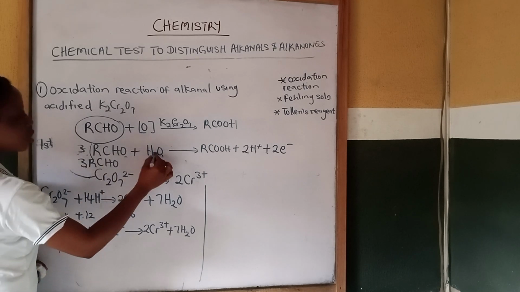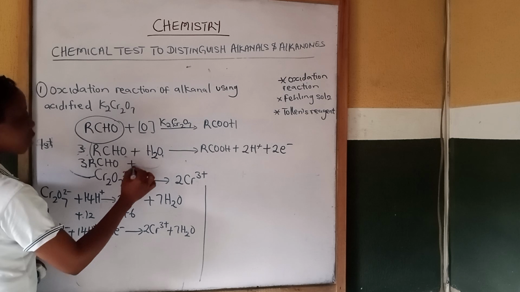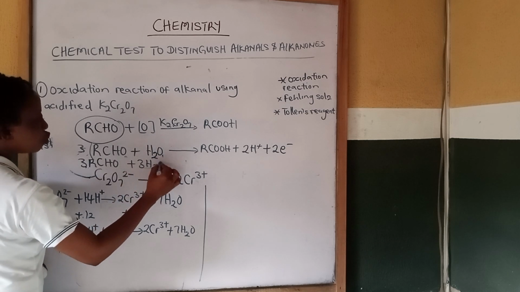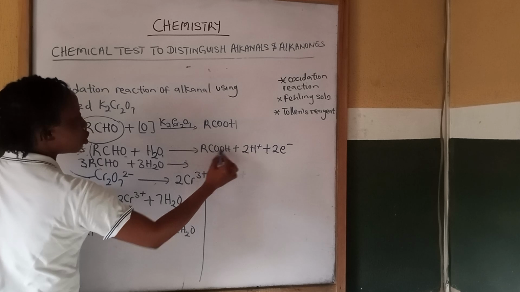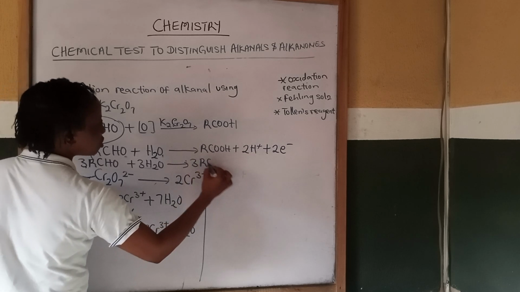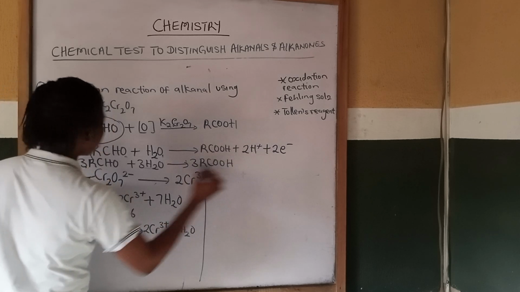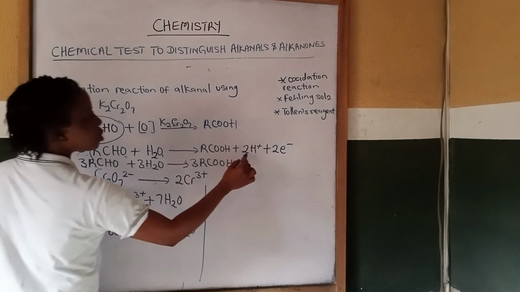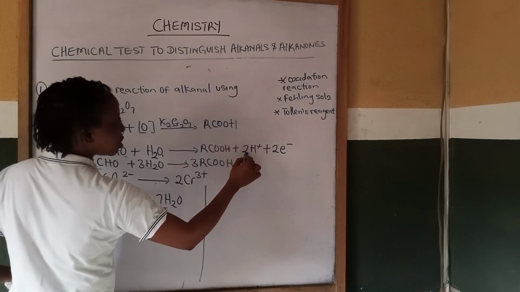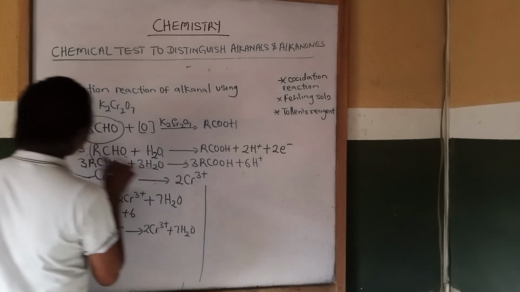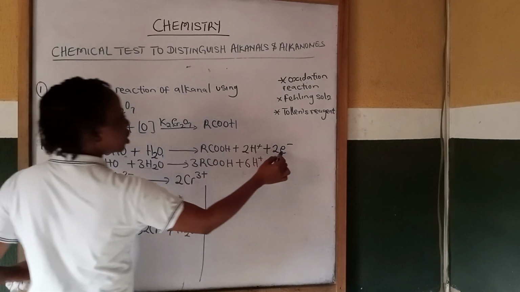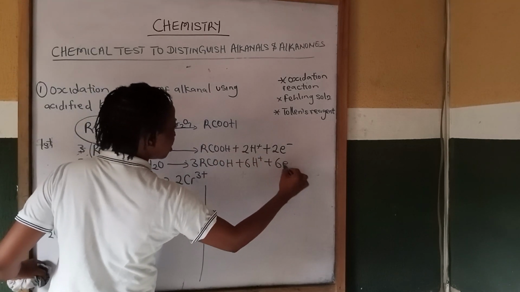Then 3 times 1 molecule of water will give me 3H2O, equal to 3 times RCOOH will give me 3RCOOH. Then 3 times 2 hydrogen ions will give me 6 hydrogen ions. Then 3 times 2 electrons will give me 6 electrons.